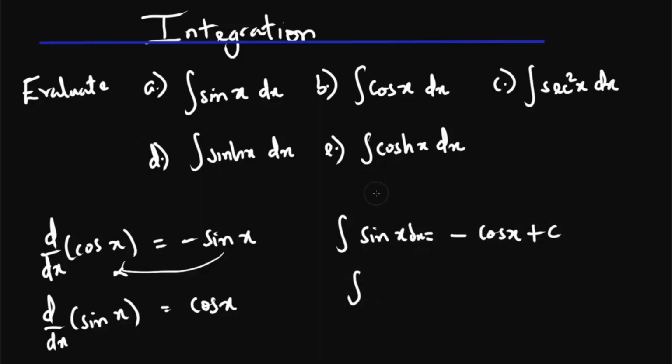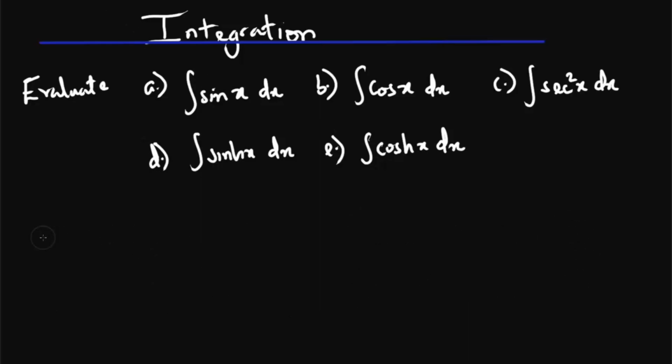When you integrate cos x dx, it's going to be the opposite. You're going to have sin x plus c. Very simple. Now, when you differentiate tan x, you have sec²x.